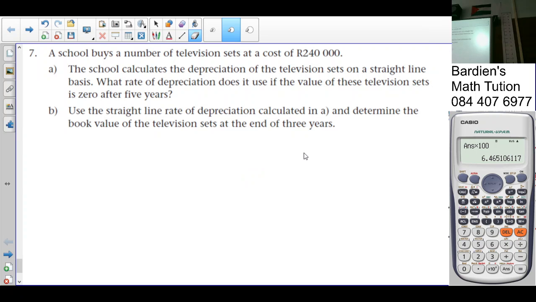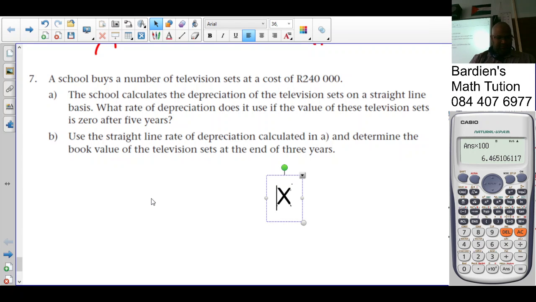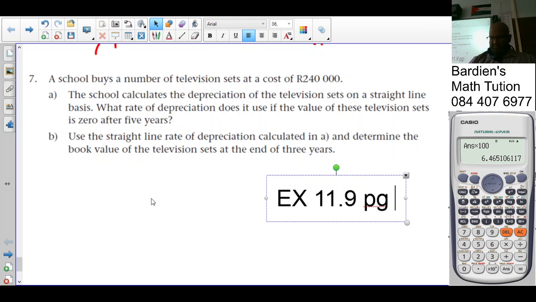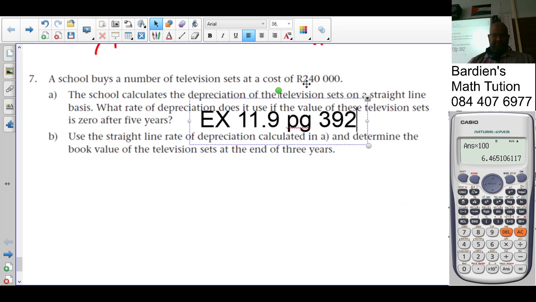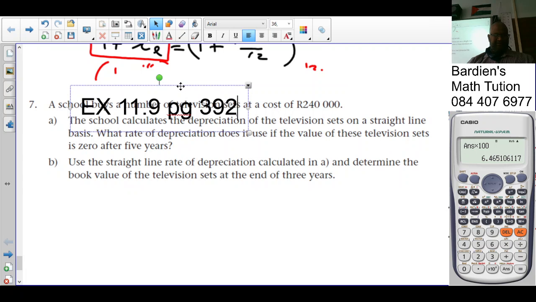Alright, so number 7, write the reference here. This is exercise 11.9, page 392.